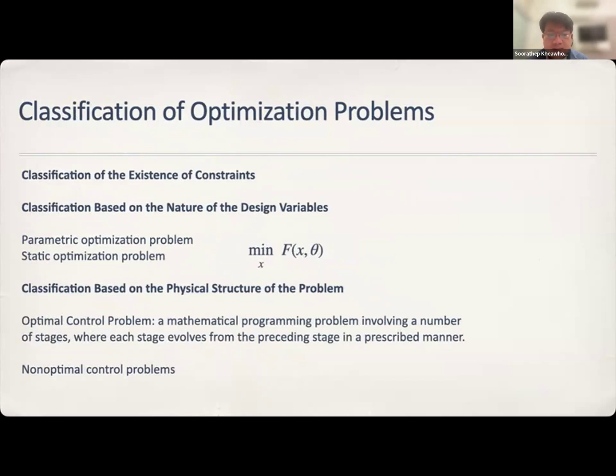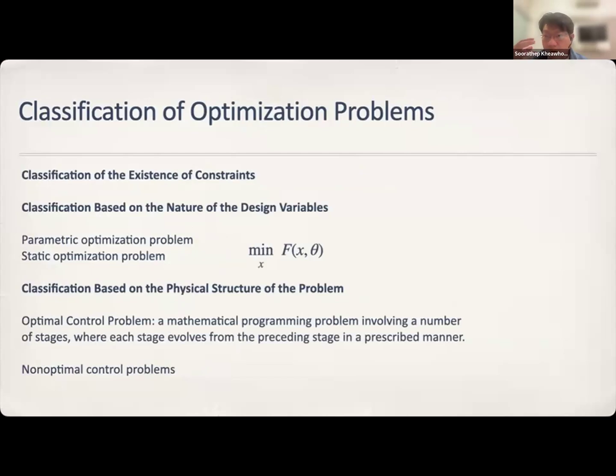For the classification of optimization problems, we can separate them using different properties. We can classify based on the existence of constraints in the optimization problem.